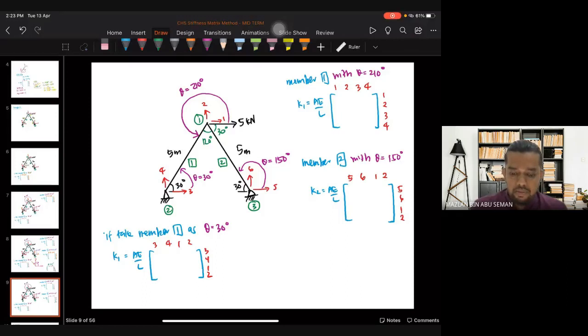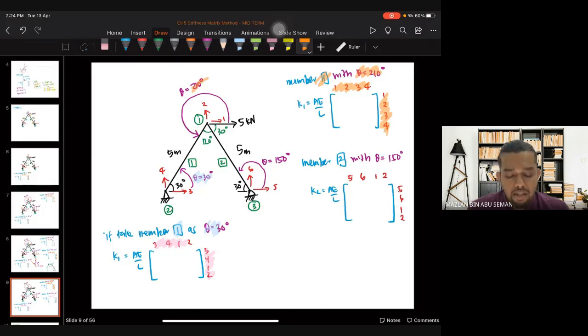Alright, like this one. If you use member 1 with theta 30, your numbering is 3412. If you are using member 1 with theta 210, your numbering for that is 1234. So once you are done with that Excel, you can simply change at any point and you will get the same answer.